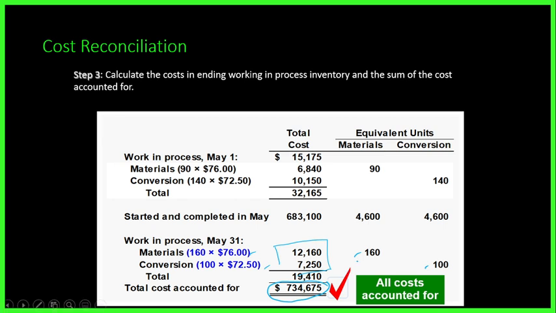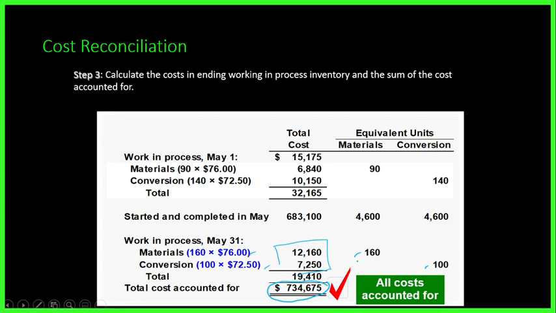Now, there are some cases wherein your cost as accounted for is less than your total cost to be accounted for. Okay, that will be discussed in the next chapters siguro, when we talk about lost units. Ayan. So that will now be your next assignment. How are you going to account for lost units?